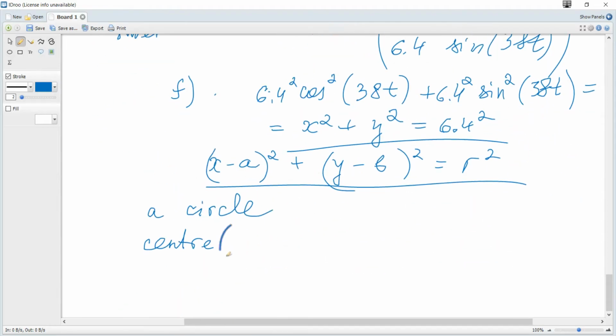So center is at r with coordinates 0, 0, and radius is 6.4.